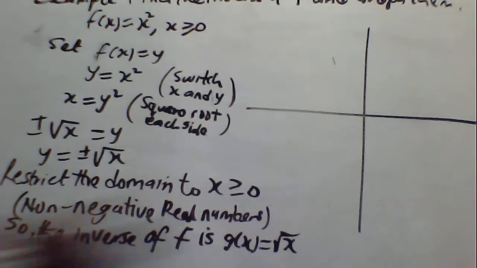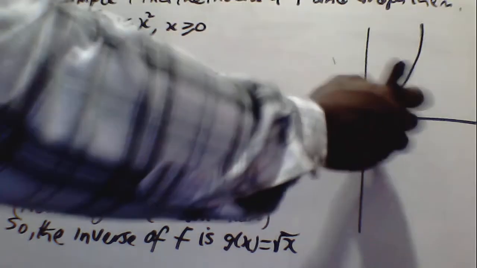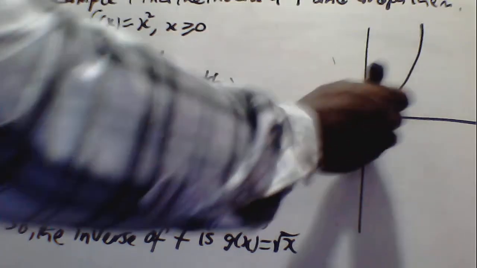So if you use a graphing calculator and graph the two functions, you will see something like this. Mind you, this passes through the origin.